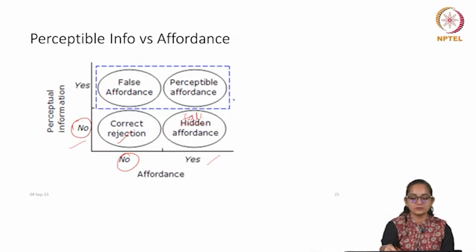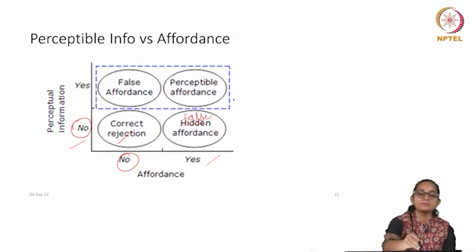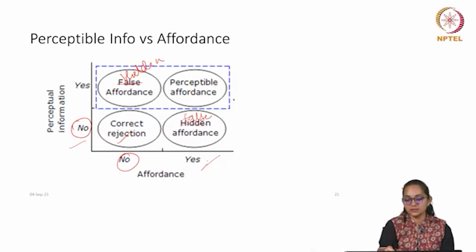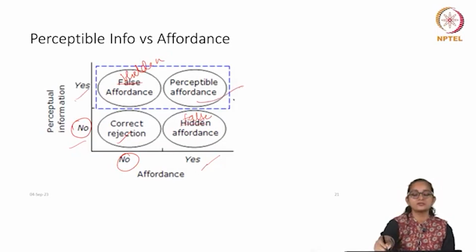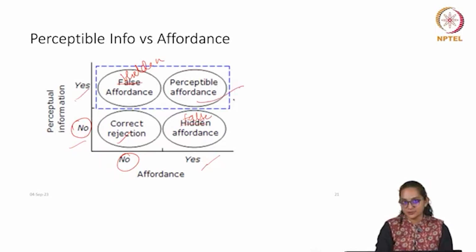If there is no affordance and there is perceptual information, then it is a hidden affordance. And if there is an affordance and there is perceptual information, then it is a perceptible affordance.